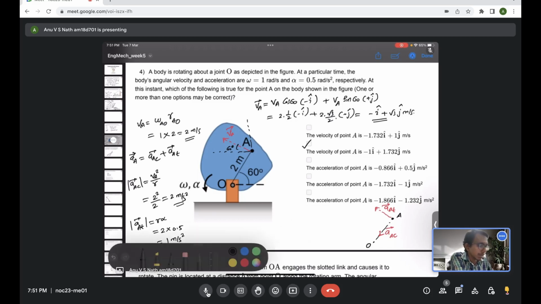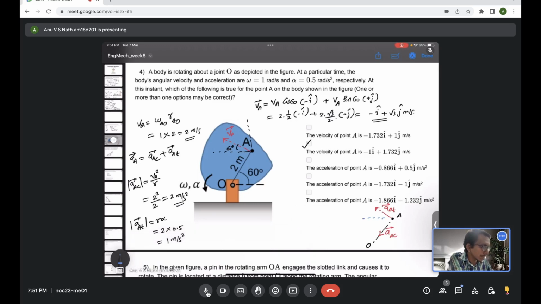Now we only evaluated their magnitude, we need to evaluate the direction so that the vector form of the acceleration can be found. Geometrically, you have to resolve these accelerations into components. This angle is 60 degree. We have seen that.